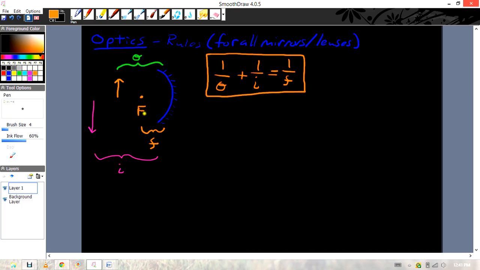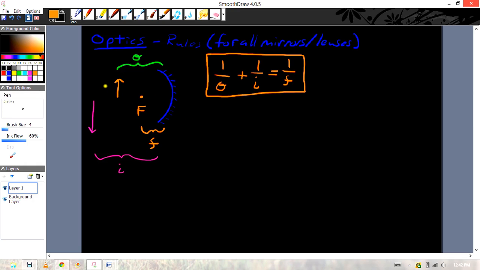Where F is the focal length, O is the object length, I is the image length. These are all distances from the mirror or lens to the object, image, and focus. These are all distances. They're not heights.